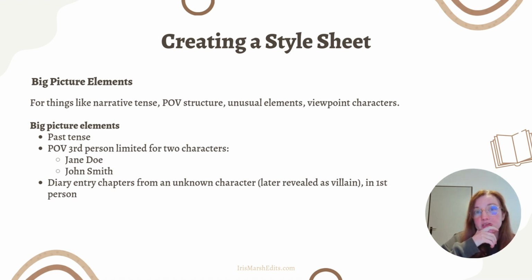But other unusual things about the narrative structure could be, for instance, dual timelines, or a scene or a chapter that's an entire stream of thoughts. Anything that's unusual, like reverse timelines or a past and a present timeline or whatever, this is where you put it, or where I put it.